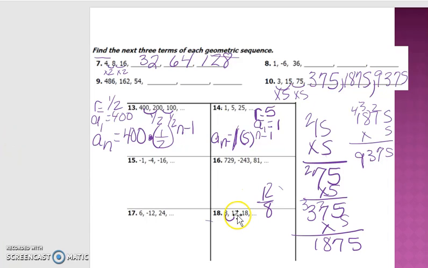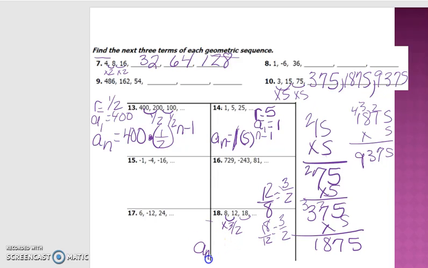So if we take 12 and divide it by the previous term, we should get our ratio. So 12 divided by 8, we can reduce by 4s, that's 3 halves. So if we're multiplying this by 3 halves, let's just make sure we're doing the same thing here. So if we have 18 over 12, we can reduce that by 6, and again it would be 3 halves.